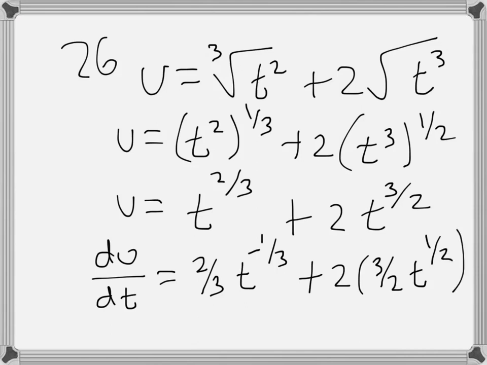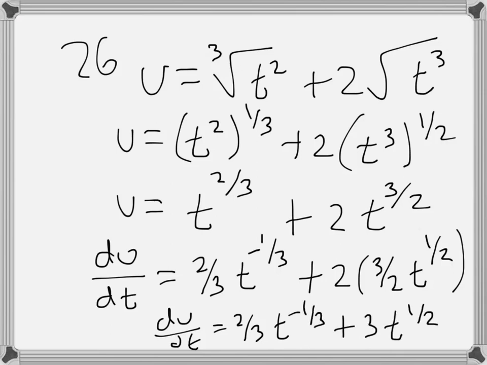So both those new exponents were from subtracting 1 from the old exponent. So I had 2/3 minus 1 is minus 1/3, and 3/2 minus 1 is 1/2. And just to do a little bit of simplification, this is 2/3 t to the minus 1/3 plus 3 t to the 1/2. All right.